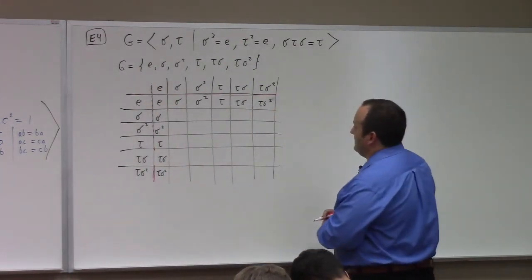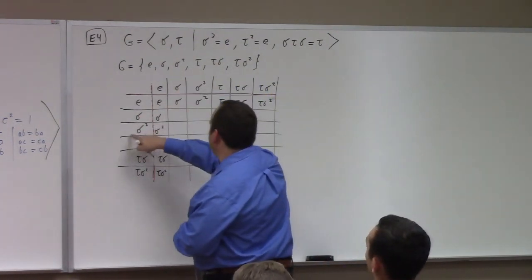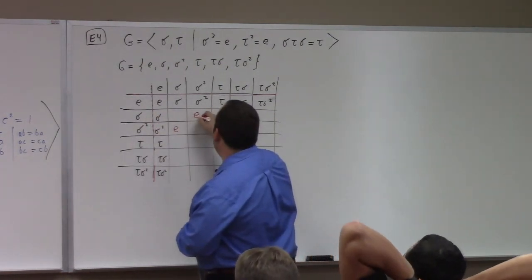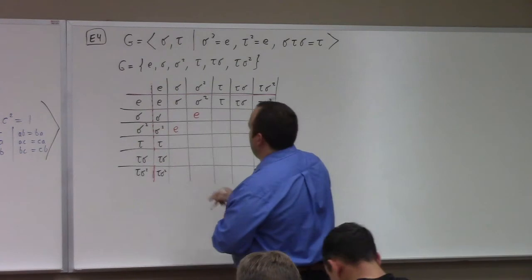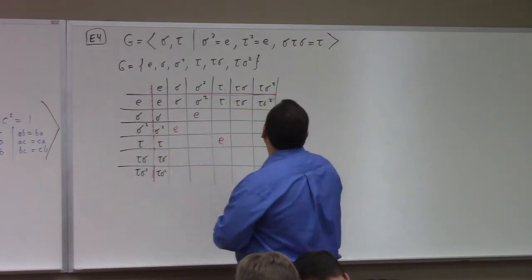Okay, what's given to me? Sigma cubed is E. What else do we have? Tau squared, tau times tau is E. What else do we know?